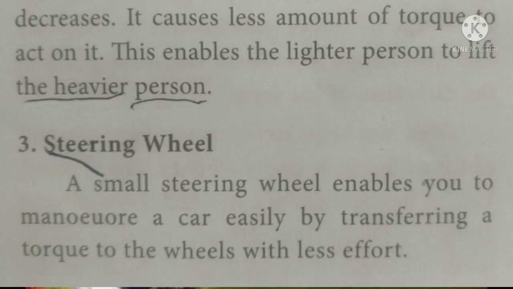A small steering wheel enables you to maneuver a car easily by transferring a torque to the wheels with less effort. So the applications are gears, seesaw and steering wheel. The word maneuver means to move the car smoothly.